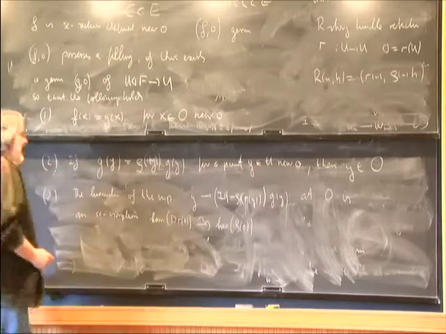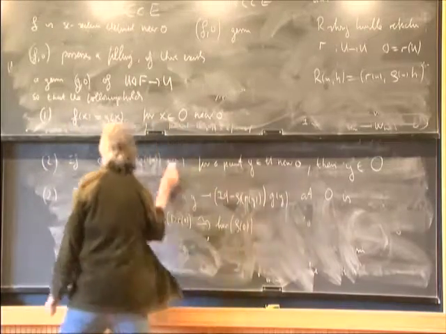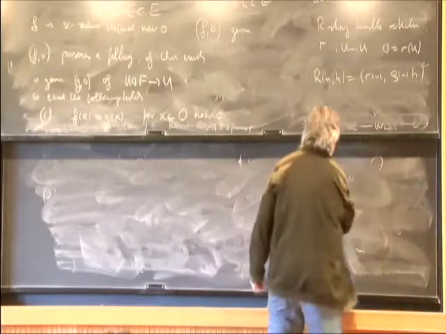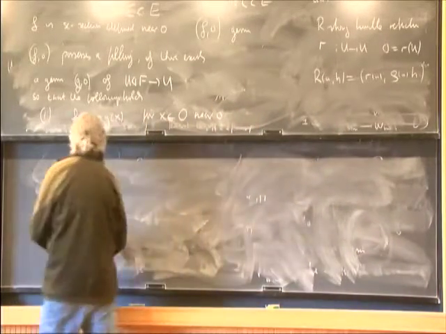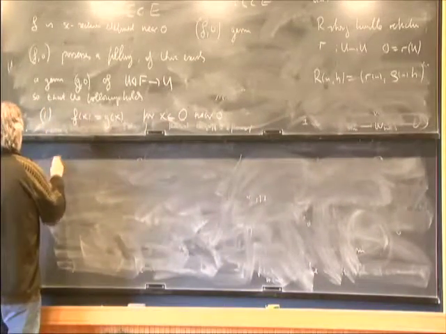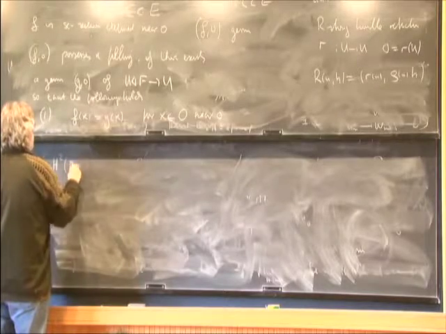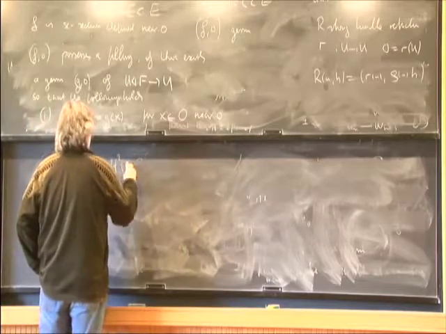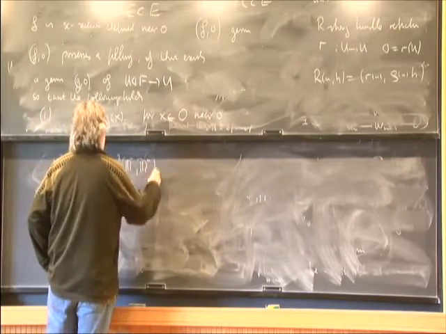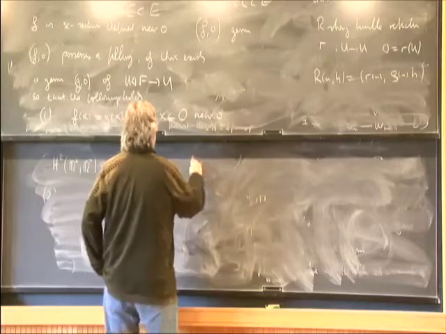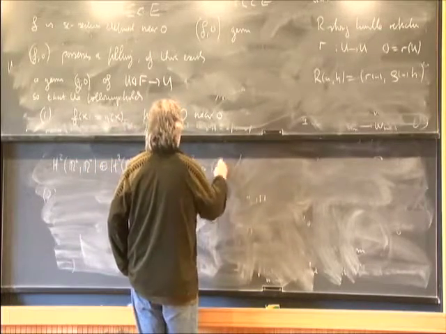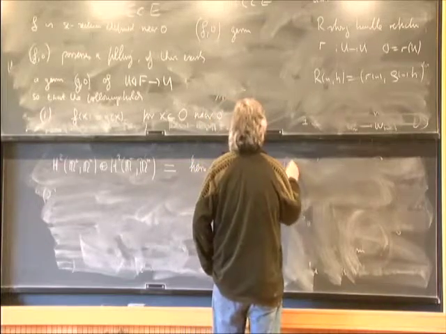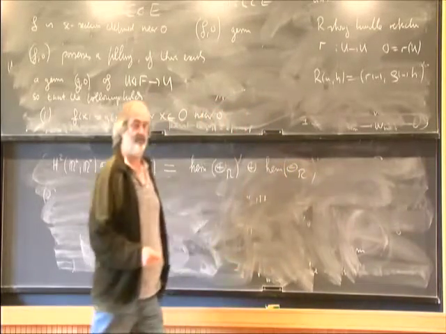So for every r, we have a decomposition as a kernel of plus r plus the kernel of minus r.